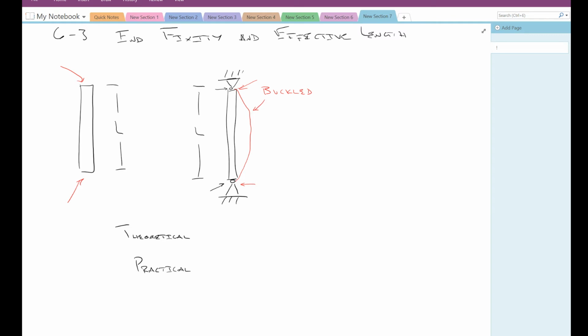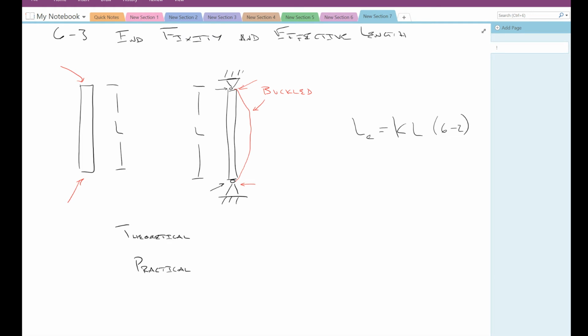So our effective length, which we'll denote by LE, is equal to K, which is a constant, times our original length. This is equation 6-2 in your text. L is the original length of the column, and K is our constant, which is going to be based on our end fixity, right?